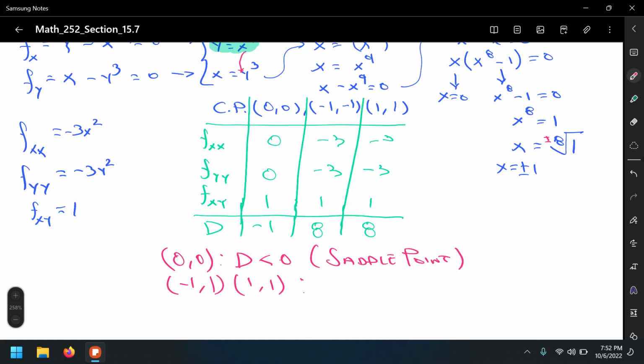In this case, because D is greater than 0 and fxx on both cases are less than 0, they're both negative numbers, right? For both critical values, positive D value but negative second derivative, so it's concave down basically, which means maximums. Okay.